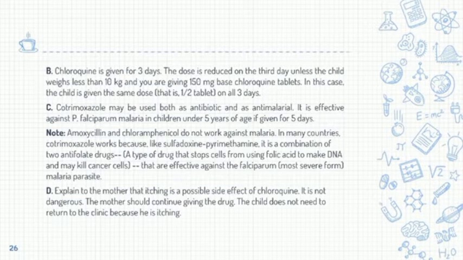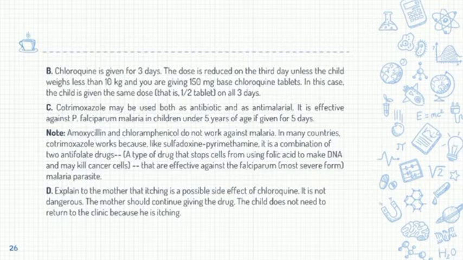We have to keep in mind that chloroquine is available in tablets of 2 sizes. The first is the 150 milligrams base tablet, also known as the 250 milligrams salt. The second is the 300 milligrams base tablet, also known as the 500 milligrams salt.